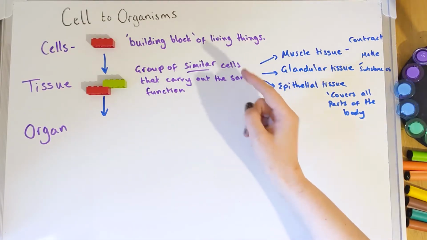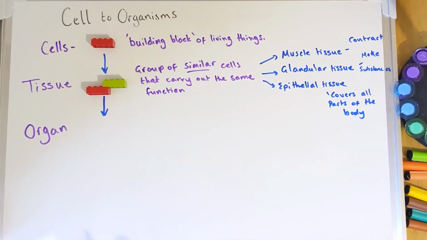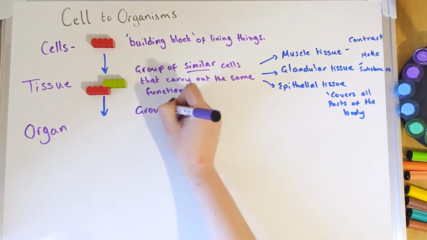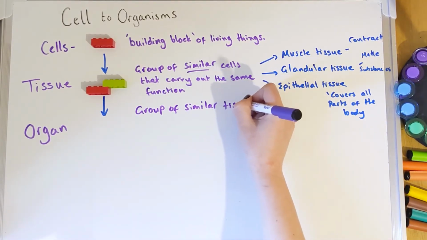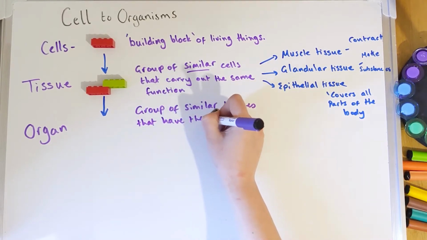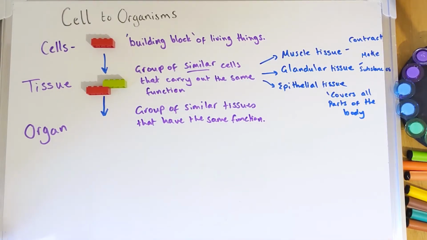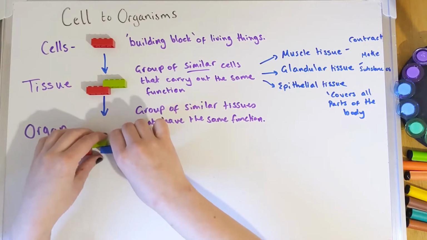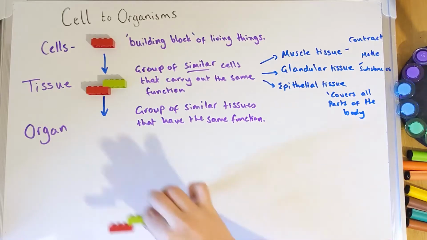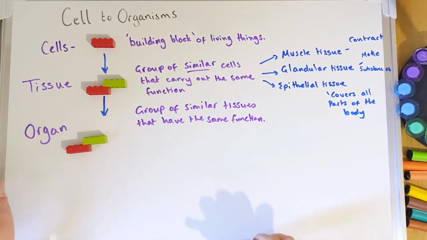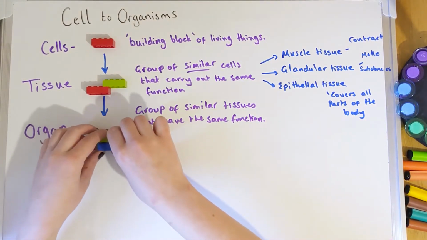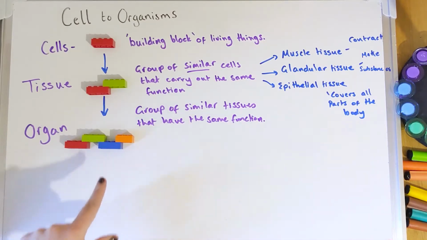So as tissues are groups of cells, organs are groups of tissues. And if I was to Legorise it, we've got our tissue from before, and that can come together with another type of tissue to make an organ.